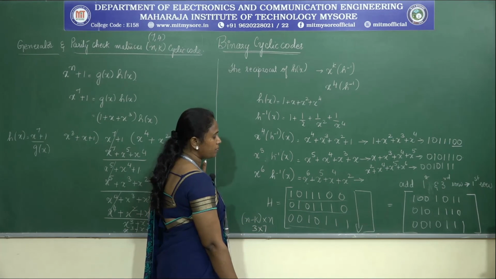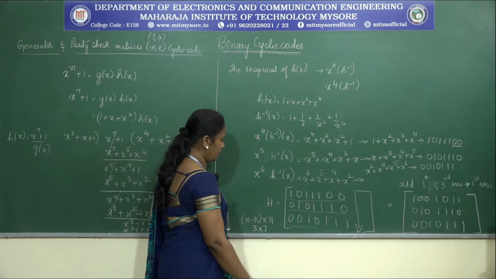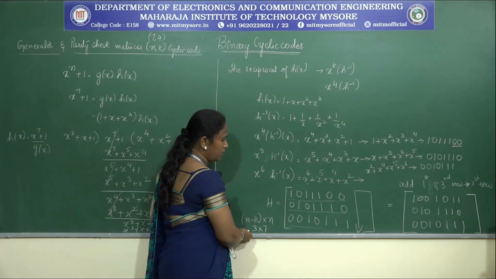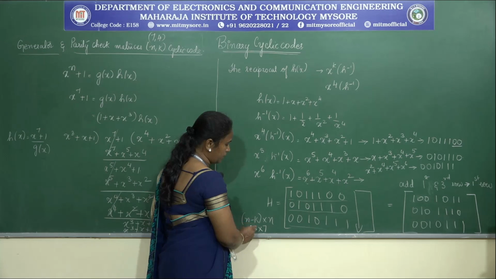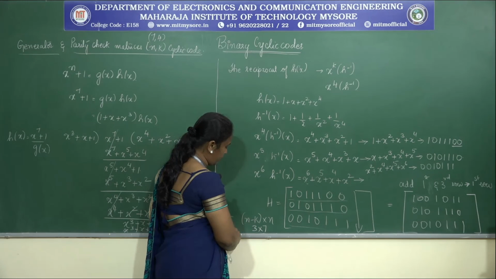So this also should be in the order. This is n minus k, which means this is your identity matrix, that is I of n minus k, and this is your P transpose matrix.